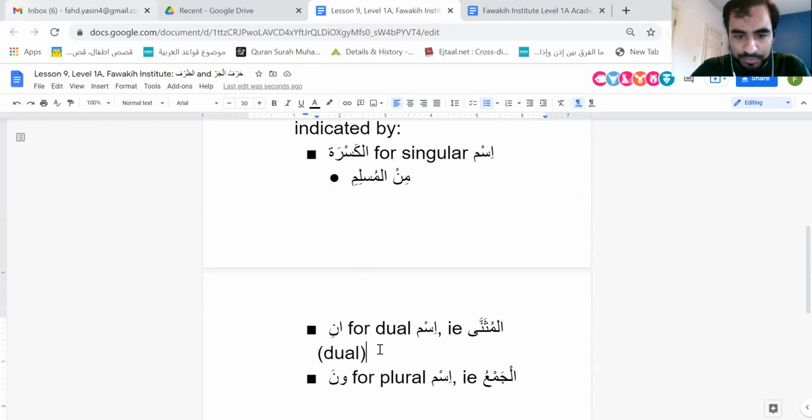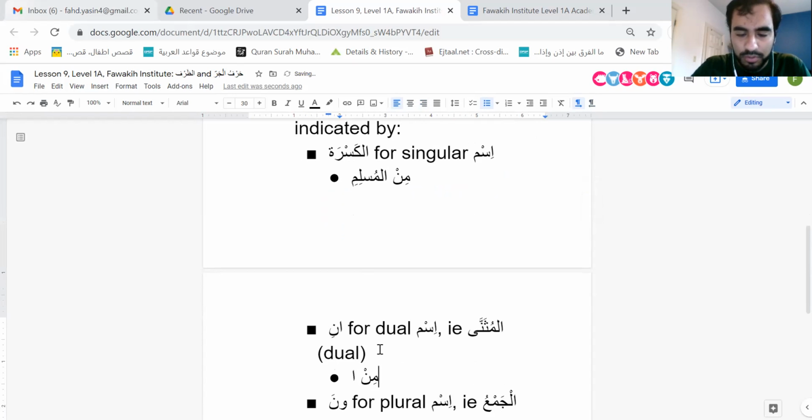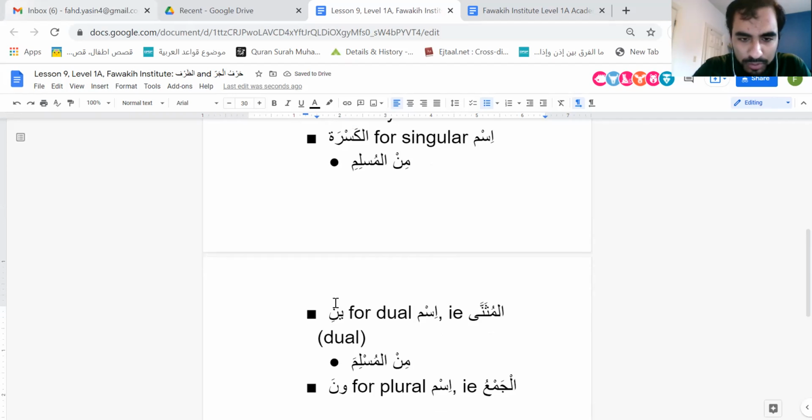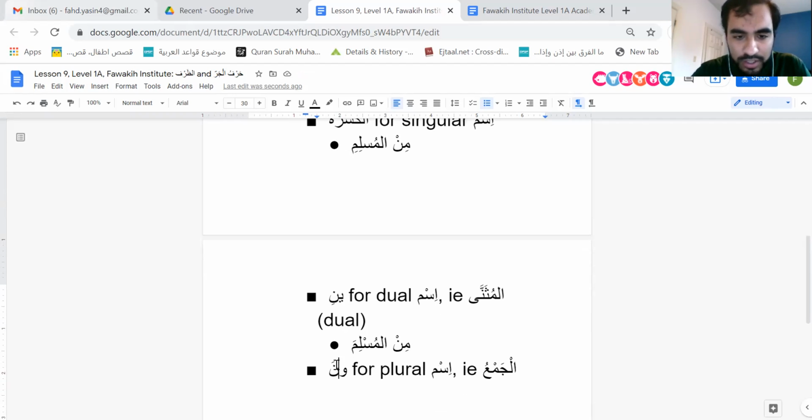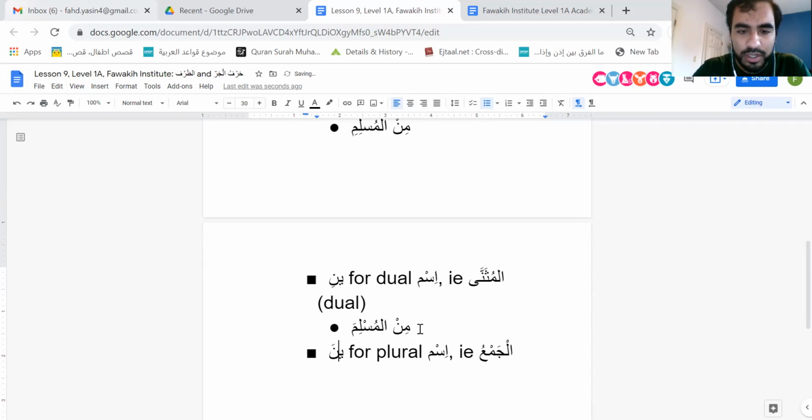Now for dual, using min as well, we would say min al-musli. Oops, I just corrected myself here. I was giving everything according to the rafa state. I don't know where my mind is today. Sorry, aini is for the jar state, and then ina is for the plural state. The good thing about Google Docs is I can easily correct myself. So min al-muslimaini, that's for dual, for the jar state.